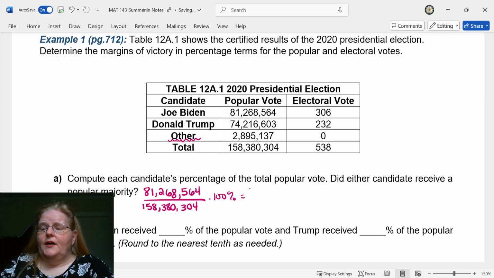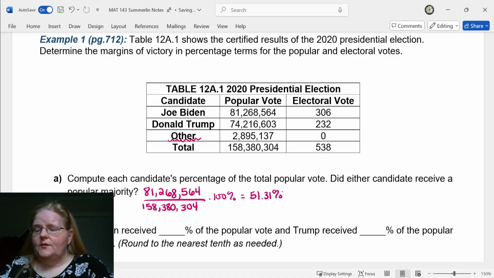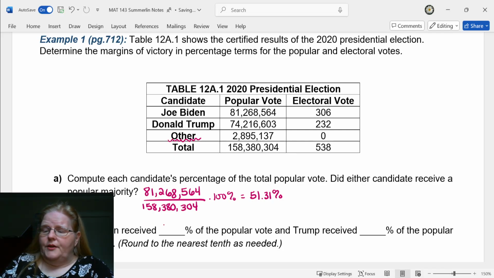And when we do that, we're going to end up with 51.31%. They say round to the nearest tenth as needed, so Biden received 51.3%.